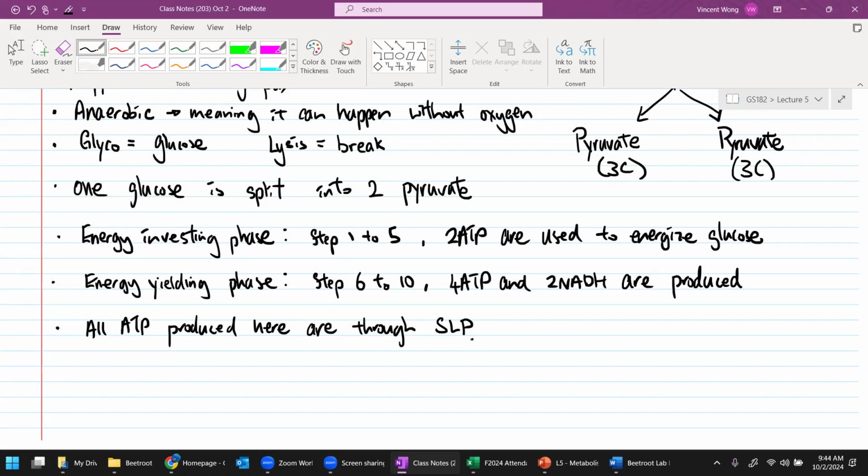Gross is before you subtract your expense. Okay. Net is 2. Okay. Net is 2. Make sense? So then let's write this down. Net ATP production, 2 ATP.